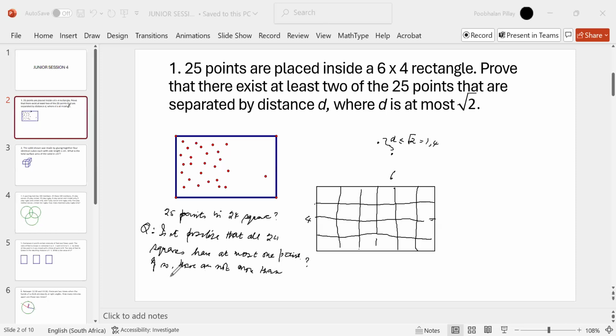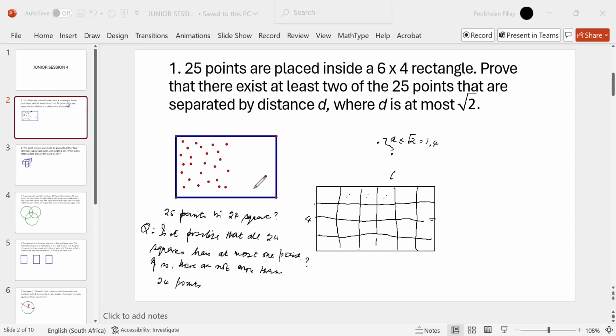I'm going to say it again. Some of them are 0, some of them are 1, but whatever it is, it's less than or equal to 24 points altogether.